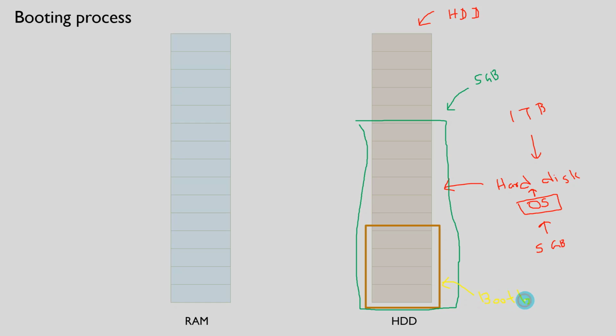The bootloader exists in this part, and it is exactly 512 bytes. So this 512 bytes is the very first part of the operating system, and the rest of it contains other utilities and stuff like that.